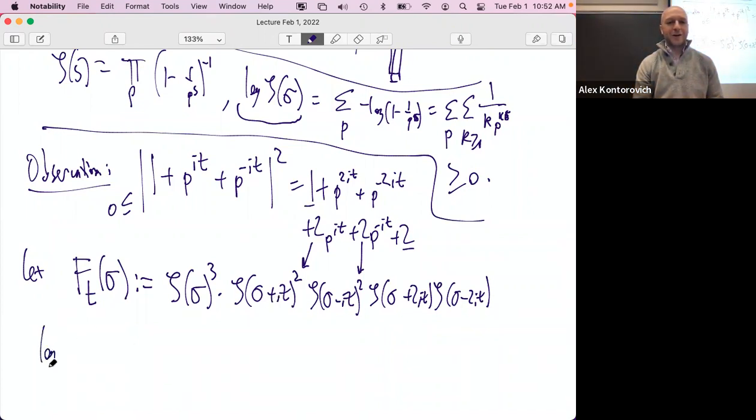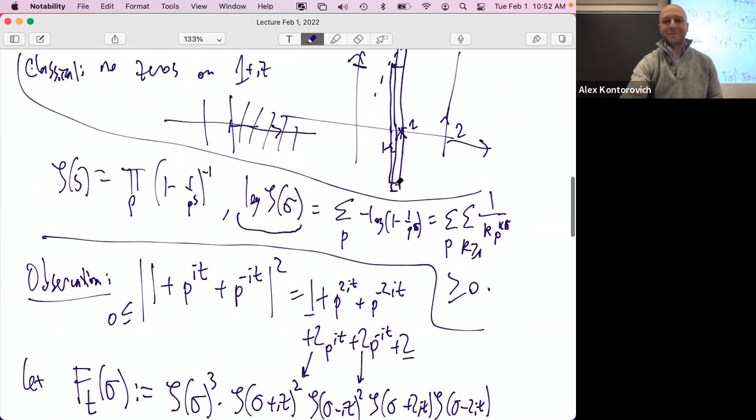But the point is, log of f_t of sigma, if I open this up, what all of these terms are, it's just 1 over k, p to the k sigma times things like p to the minus it and p to the plus it and so on.